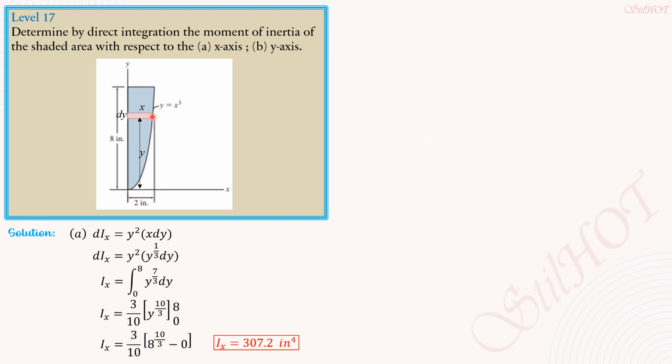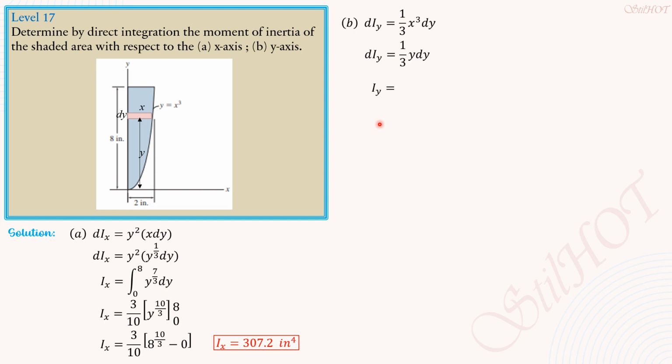For part B, Iy, we have a rectangular strip, moment of inertia with respect to the y-axis. The base is 1/3 of x cubed dy. Then x cubed is just y, so differential Iy is 1/3 of y dy.